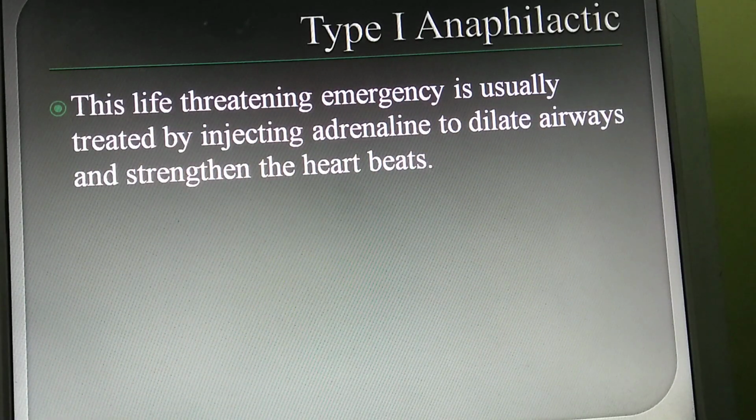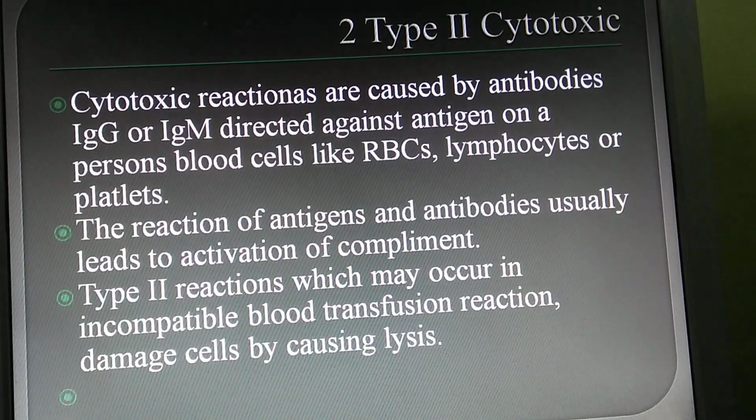This life-threatening emergency is usually treated by injecting adrenaline to dilate the airways and strengthen the heartbeat. This is a common emergency that occurs in the clinics of doctors. Secondly, cytotoxic. Cytotoxic reactions involve antibodies IgG or IgM directed against antigens on the person's blood cells like RBC, lymphocytes or platelets.